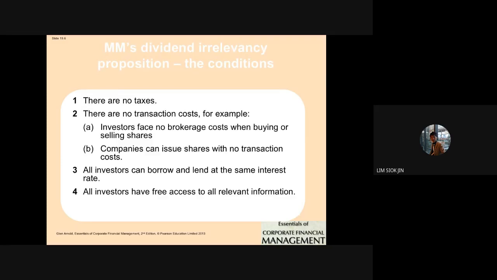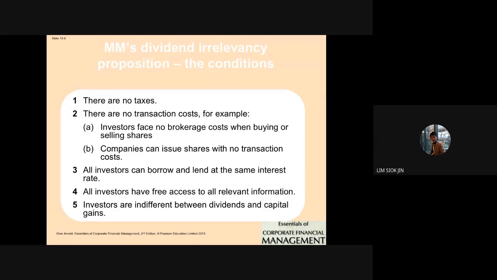Okay, so this Modigliani and Miller, M&M in short, we call it. M&M has this theory where they said that dividend policy is irrelevant. So dividend policy means what? Dividend policy means the structure of how dividends will be paid.